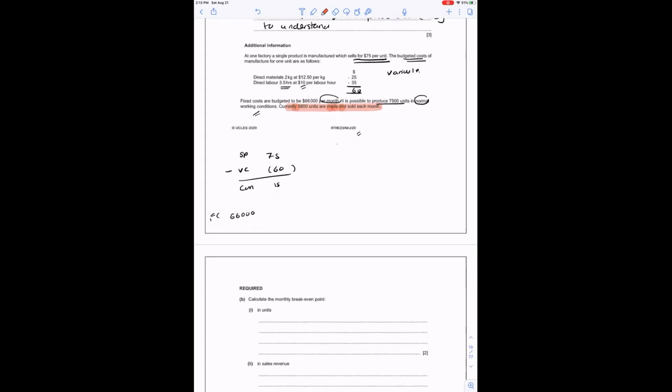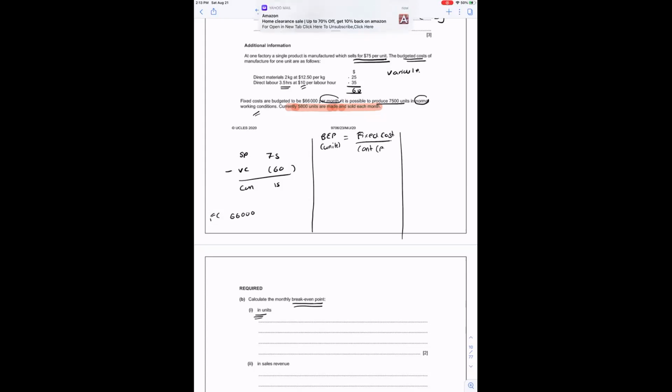They have asked us to calculate the break-even point in units. Now I very well know the formula: break-even point in units is fixed costs upon contribution per unit. I had already found out the contribution per unit while reading the question.